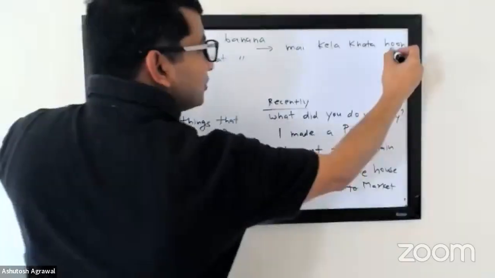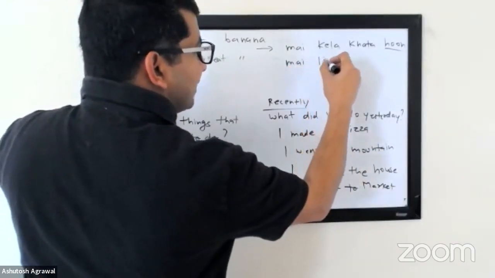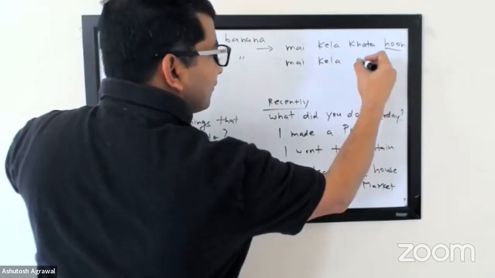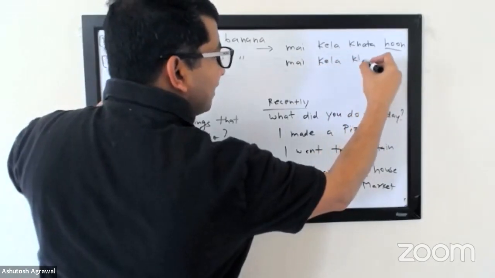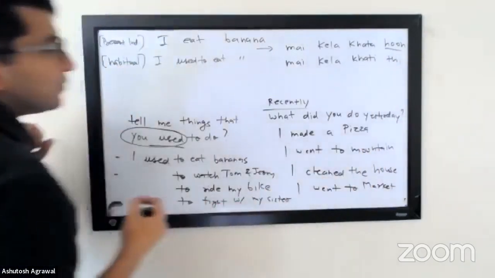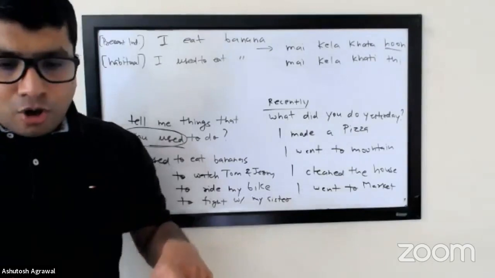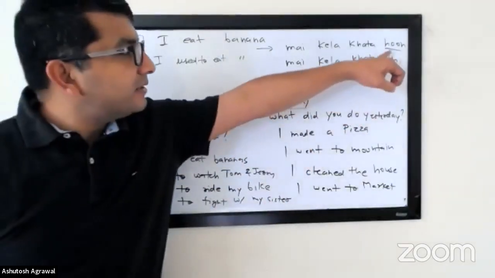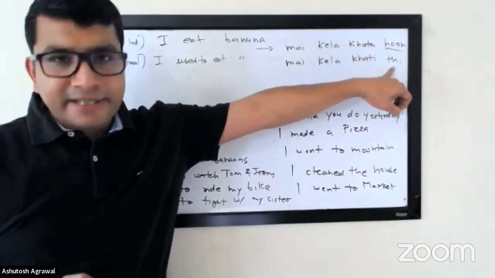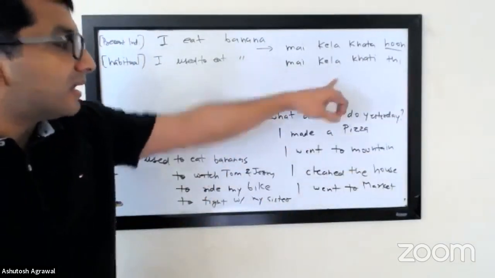So all you have to do is change the ending for this one. मैं केला खाती थी. That's the easiest one in my mind. As long as you can identify the category, all you have to do is change the ending from hoon to tha, the or thi. Okay, मैं केला खाता था, मैं केला खाती थी.